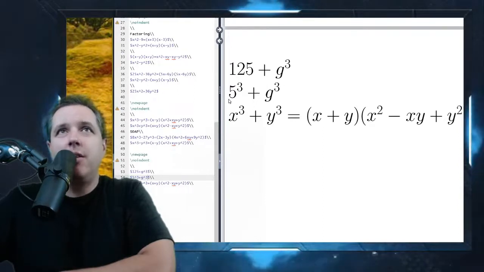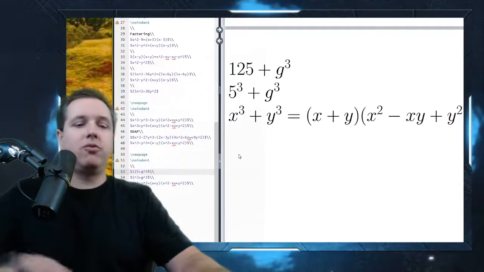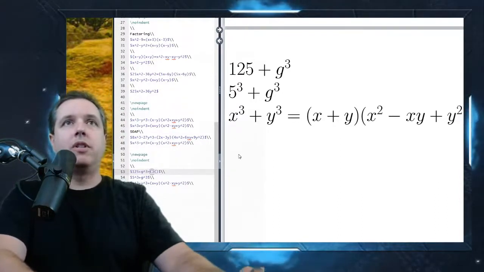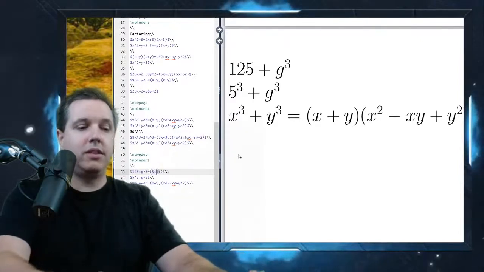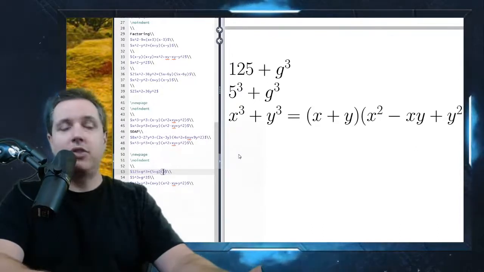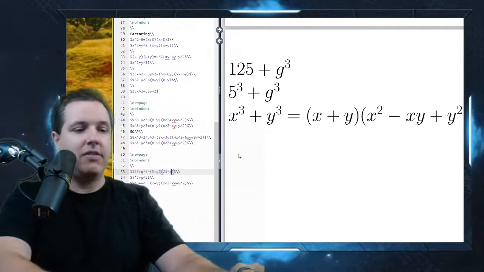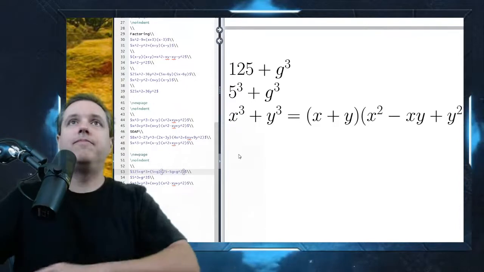Why am I doing that? Because 5 and g are the things we're going to be plugging in down here, right? So, according to our formula, this will become 5 plus g, times 5 squared, so 25, minus 5g plus g squared.